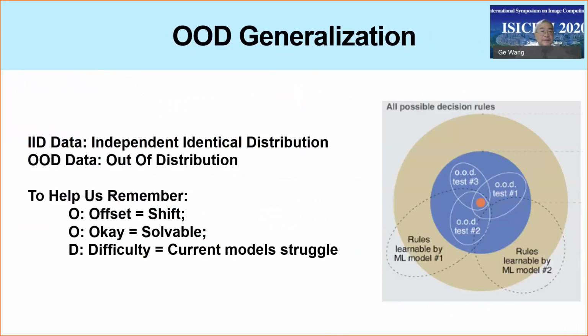In the Nature Perspective article, they emphasize the importance of OOD generalization. IID data is independent identical distribution. OOD data, they mean data from a significantly different distribution, out of distribution.